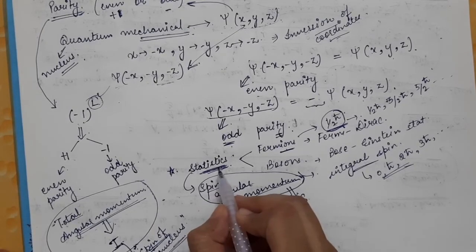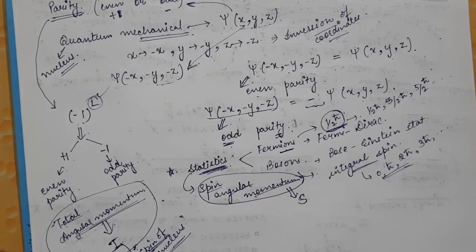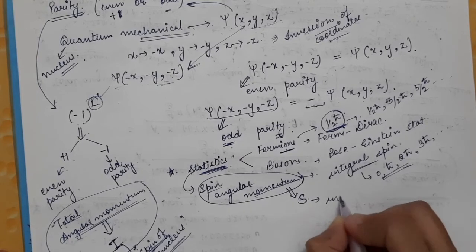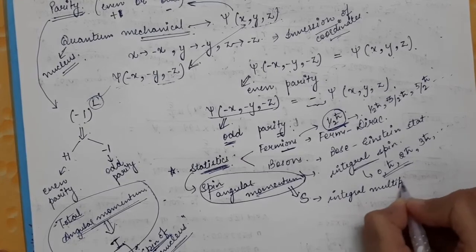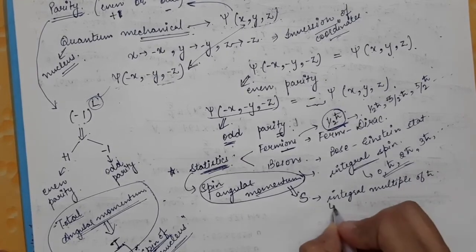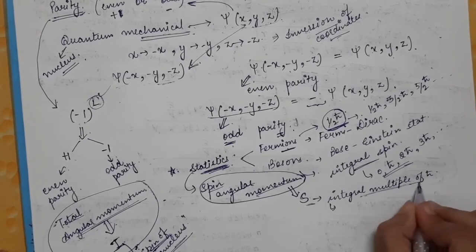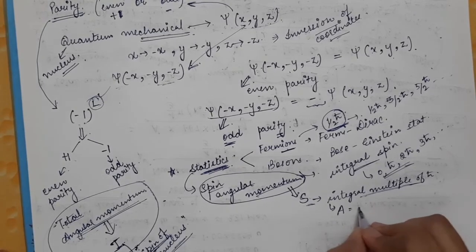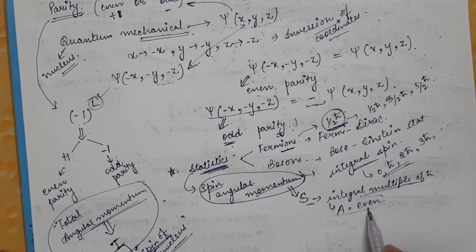So the statistics of the nucleus will be decided by capital S. If the spin of the nucleus is an integral multiple of h cut, this occurs only when the total number of nucleons inside the nucleus is even.